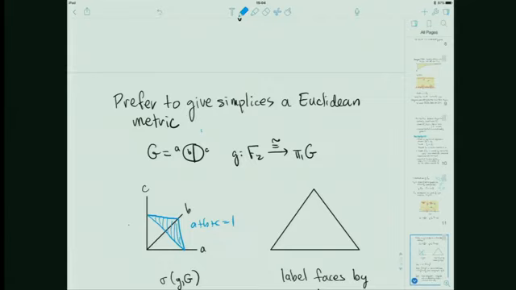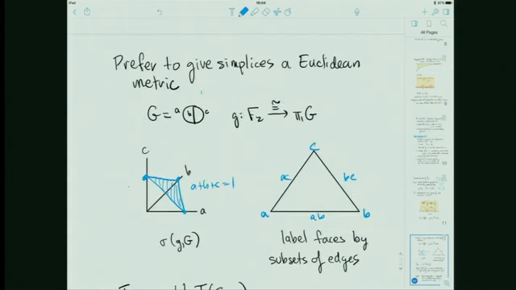And I'm going to label the faces of my triangle by the various edges. So there's an edge A, an edge B, an edge C corresponding to these 3 points. And I'll call this AC, call this BC, and call this AB. So I'm going to label faces by subsets of the edges. So that's my picture of a simplex in outer space without the marking.